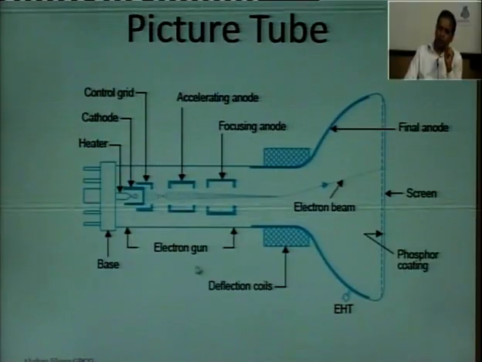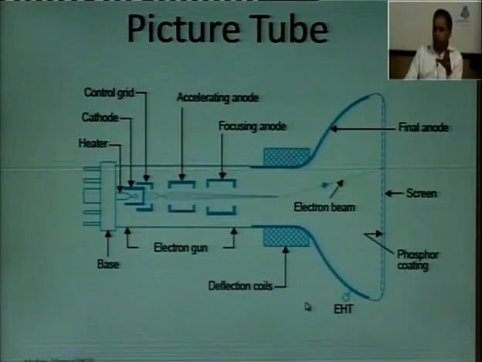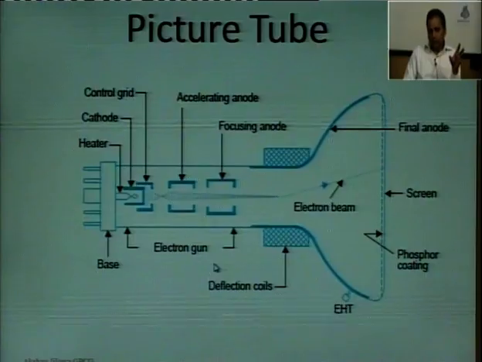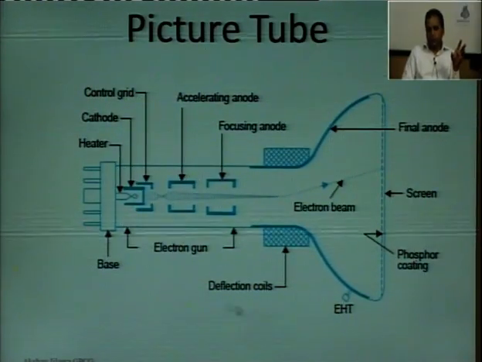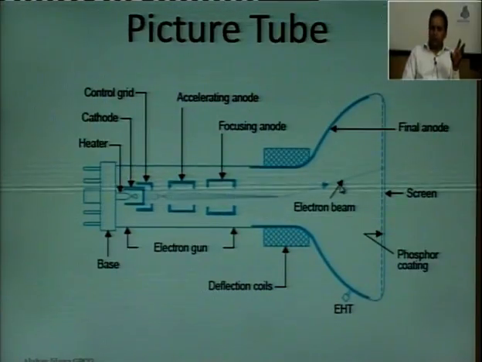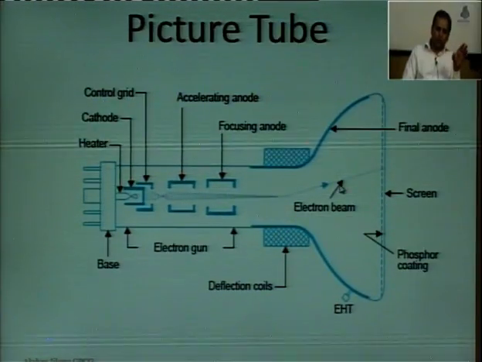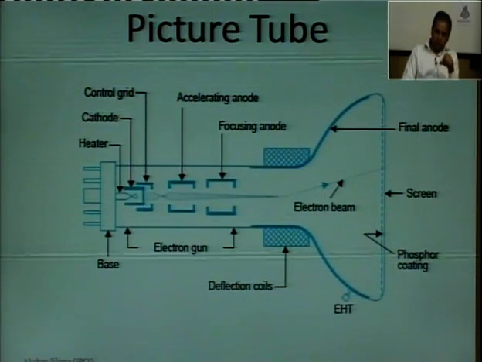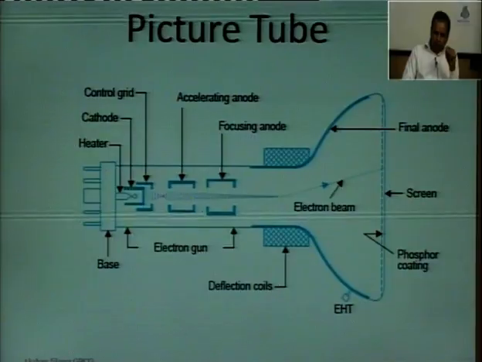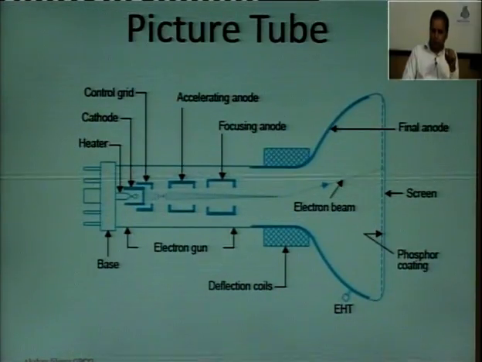There are two types of coils, the horizontal deflection coil and the vertical deflection coil. So, current flowing in the horizontal deflection coil will enable this electron beam to move in the horizontal direction, meaning left to right, and current flowing in the vertical deflection coil will cause this beam spot to move top to bottom, that is in the vertical direction.